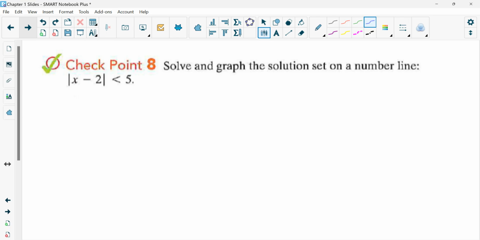That is done for us already. So now that it's isolated, just like the equations, we're going to make two separate, in this case, inequalities. So I have x minus 2 is less than 5. That's not changing. That's just dropping the absolute value. Everything's staying the same. Our other inequality, again, drop the absolute value. So I have x minus 2. We make that right side negative, and because we made that right side negative, we had to flip that inequality.